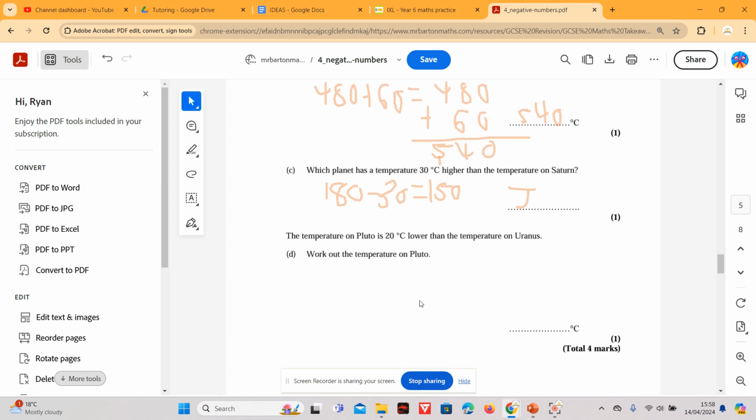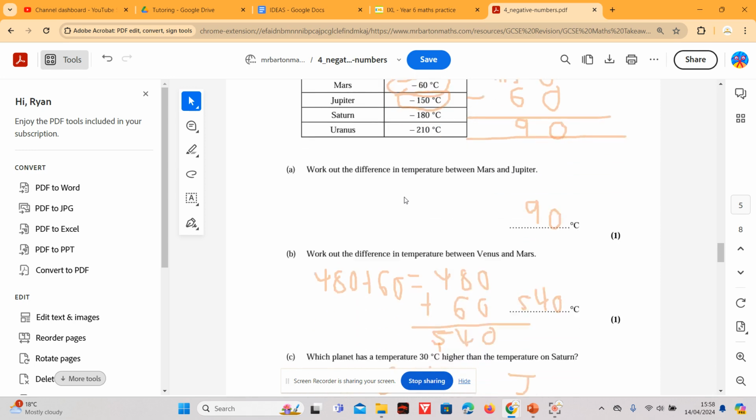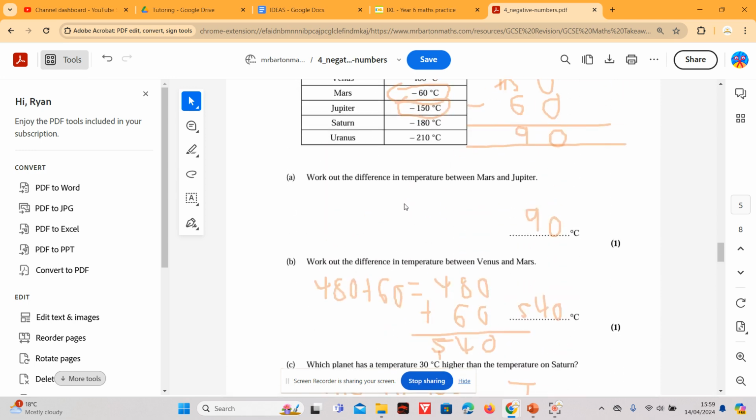Next question. The temperature on Pluto is 20 degrees lower than the temperature on Uranus. Work out the temperature on Pluto. So on Uranus, it's minus 210, and the temperature on Pluto is 20 degrees lower. So instead of taking away, we can add.